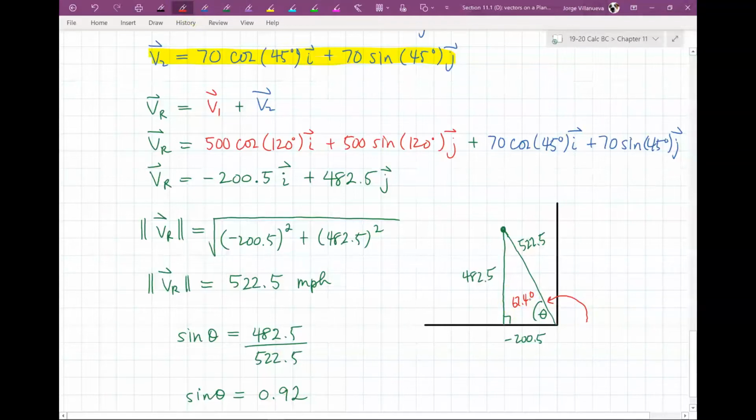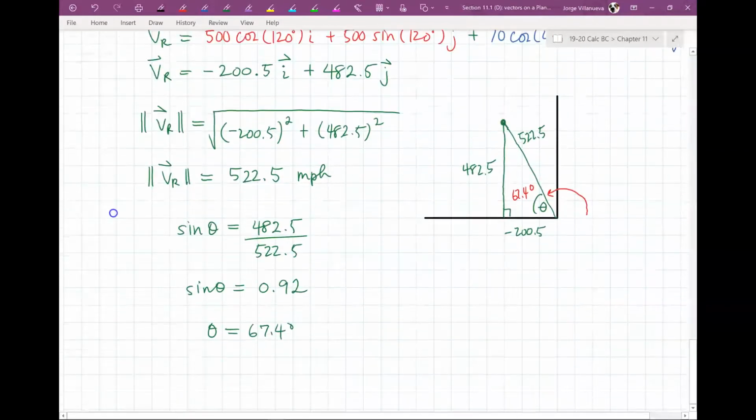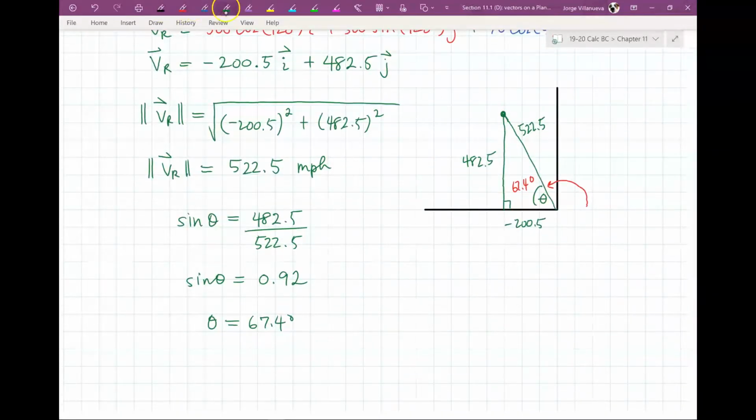I found the supplementary angle for the actual answer, right? So yeah, do 180 minus 67.4, and you'll get your answer. So your actual theta value, 180 minus 67.4 degrees, will be 112.6 degrees in quadrant 2, right?